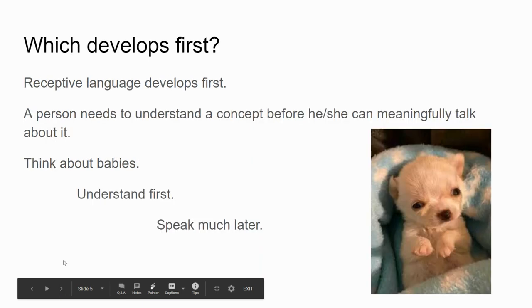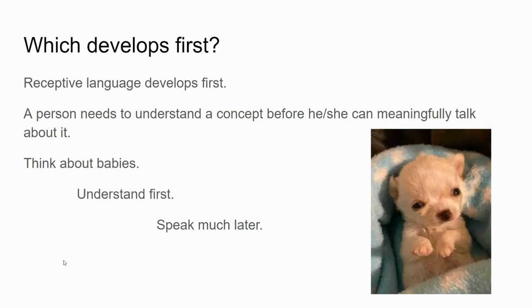So which develops first? Receptive language develops first. You have to be able to understand information or a concept before you can meaningfully talk about it. So think about babies. Babies understand what you're saying to them much sooner than they can talk themselves.